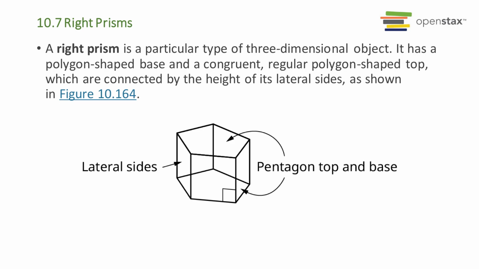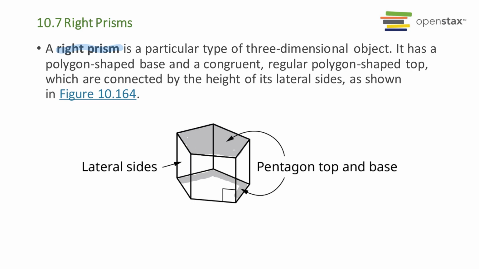So here's a formal definition of a right prism. This is what I've been trying to draw. It's just like this, a little better. You can see here we have this face here. This is the top face. This is the pentagonal face that we have here. That's the same down here.